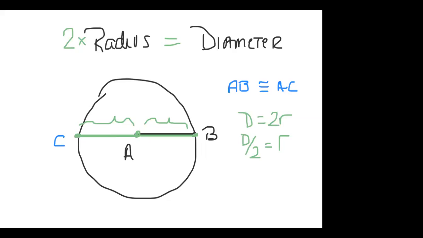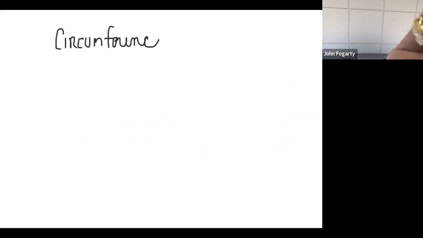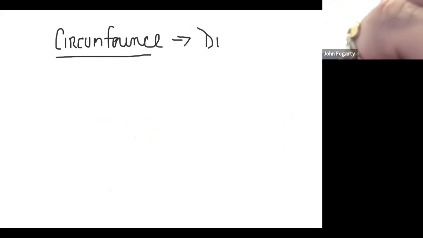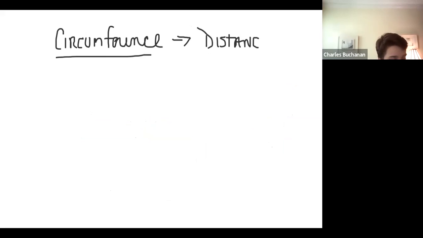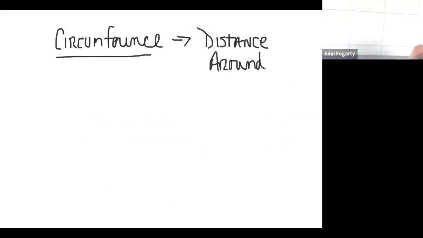All righty. So then the next thing we talked about was this idea of a circumference. What's a circumference? A circumference is simply the distance around a circle. Now, we have a hard time measuring that because it's not straight.